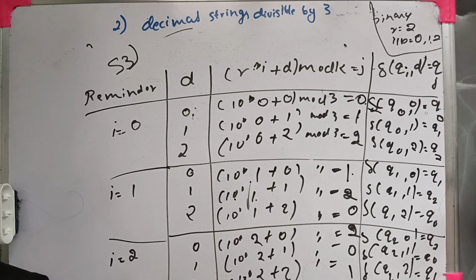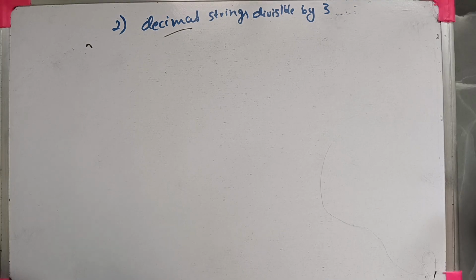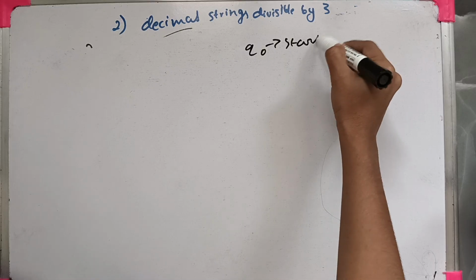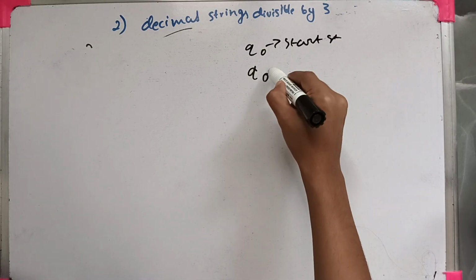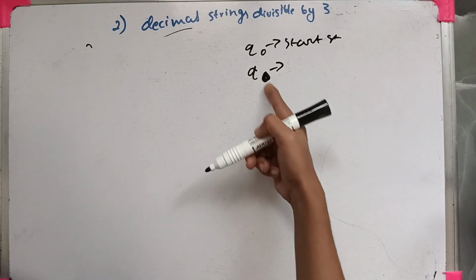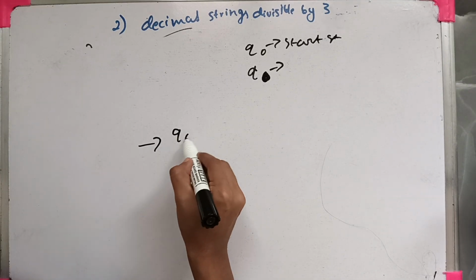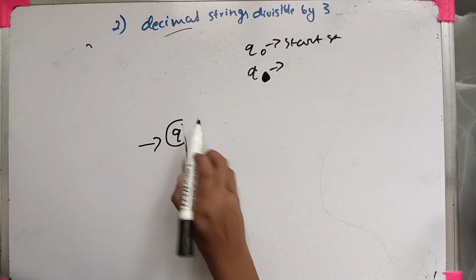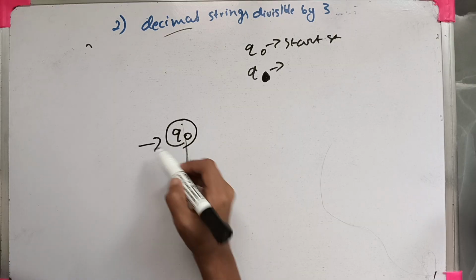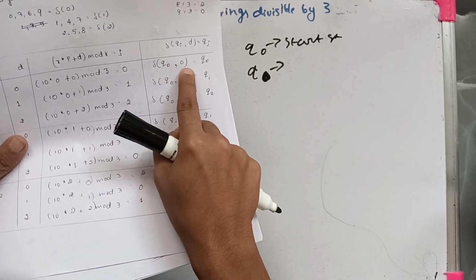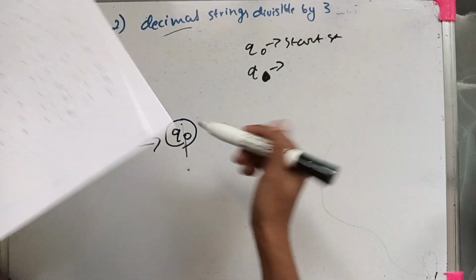Okay, so take Q0 as the start state and the final state is Q0 itself because we need remainder 0. Okay, I am starting from here, Q0. So in the Q0 state, if 0 comes, it goes to Q0 itself.